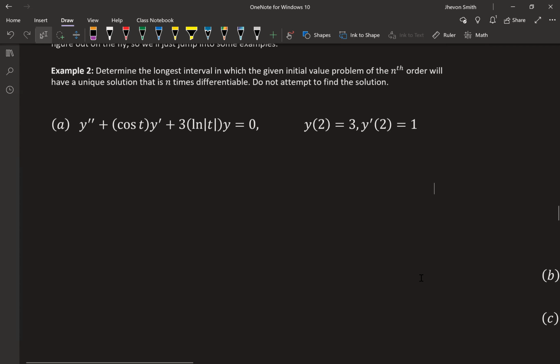Okay, all right. I think I will turn it over to you guys. Maybe someone can tell me. Give you guys a minute. Tell me the largest possible interval on the real line where I can find an answer to this initial value problem, which happens to be a second order, which means we are looking for a twice differentiable unique solution. Where is that guy going to live?